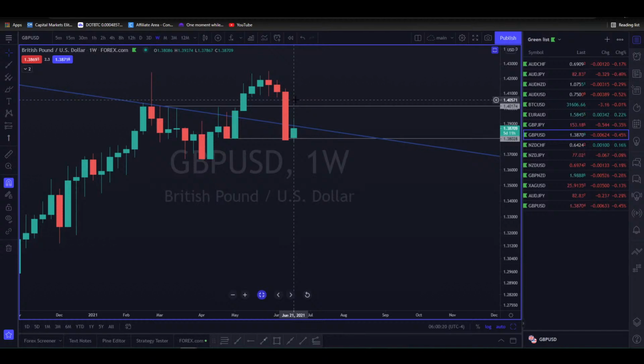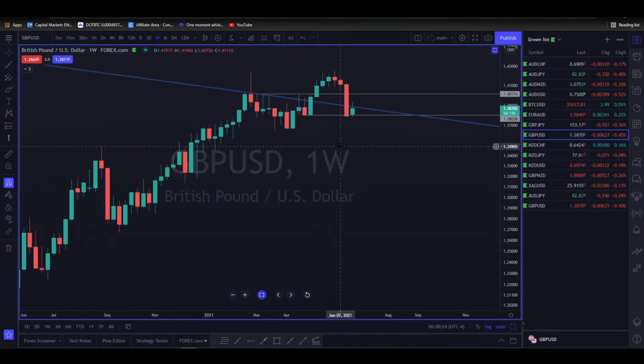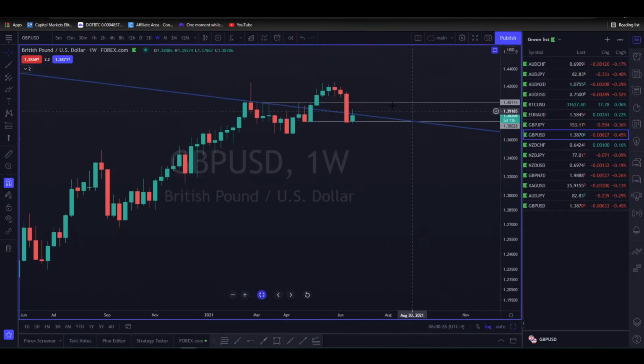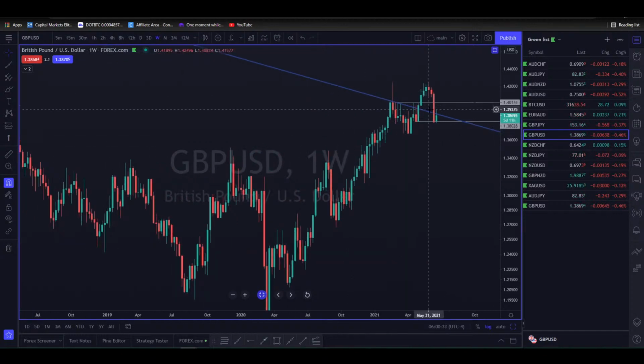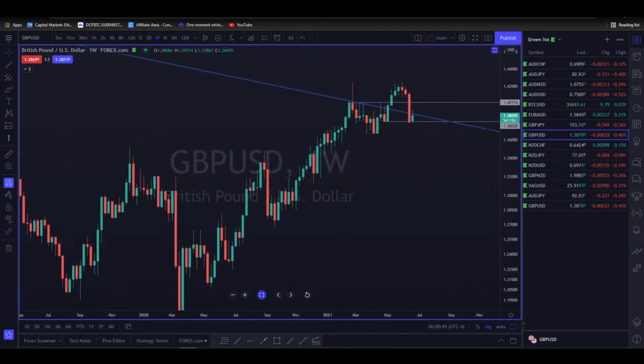Weekly closure above it, I put my big boy bull pants back on. Be looking for higher prices. We keep closing below it, we will look for this trend line to maintain what it has been doing its entire life, which is keeping the pound dollar down. Call that the man trend line because it's keeping the pound down. But it's doing it on the pound yen as well. And I am currently short on the pound yen.